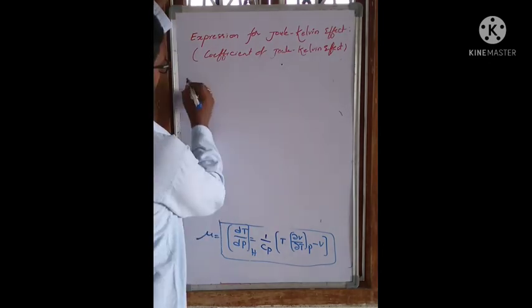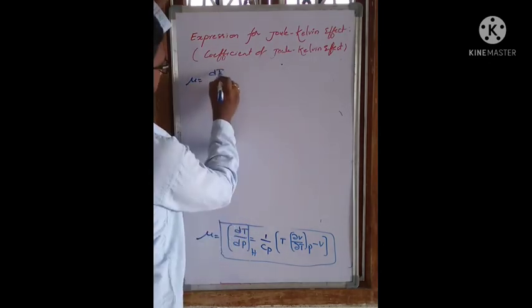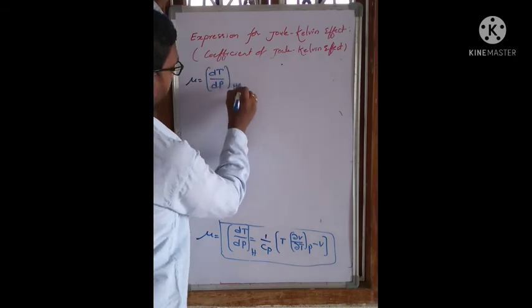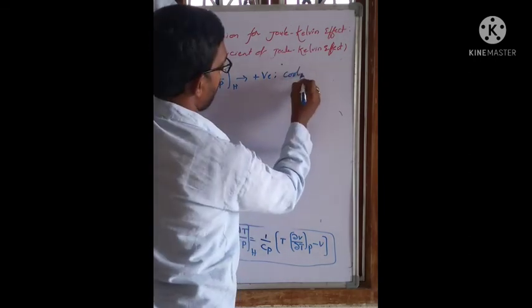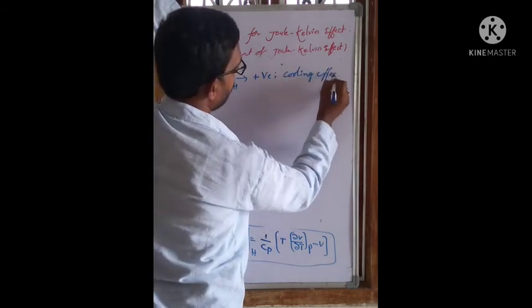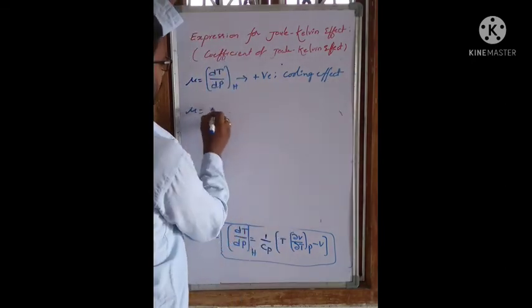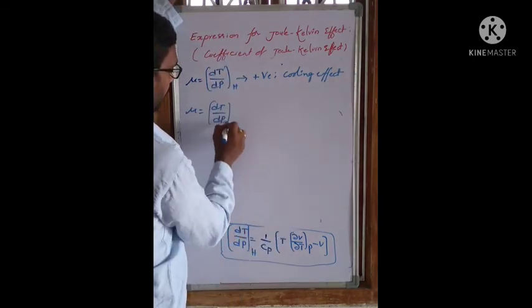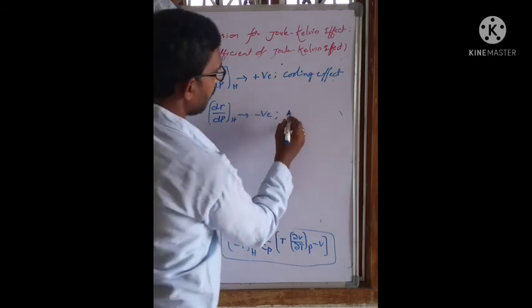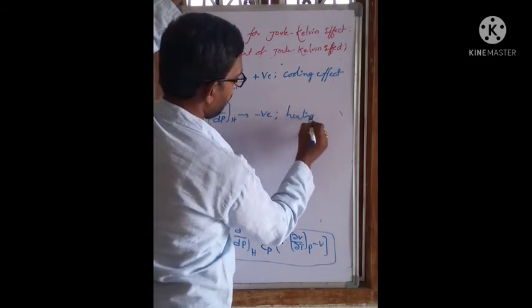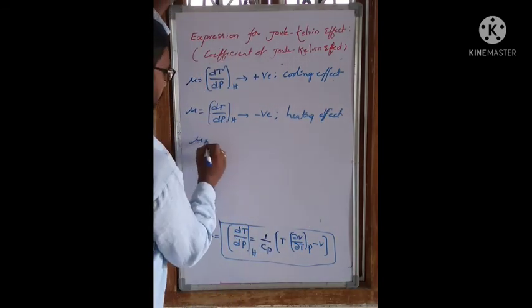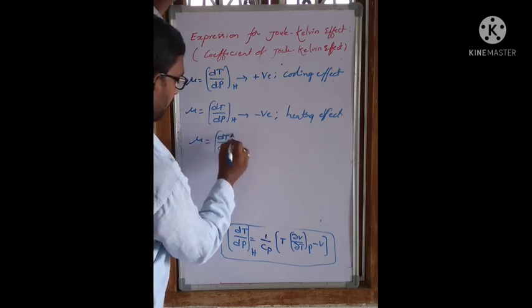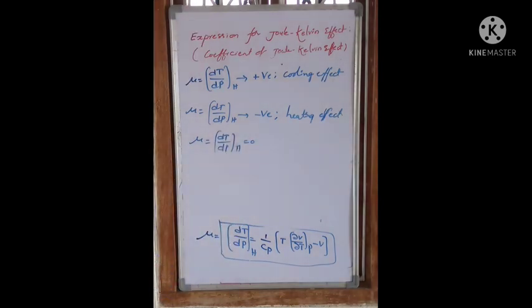If mu is negative, there will be a heating effect. When mu equal to dT by dP at constant H equals 0, there is neither cooling nor heating effect.